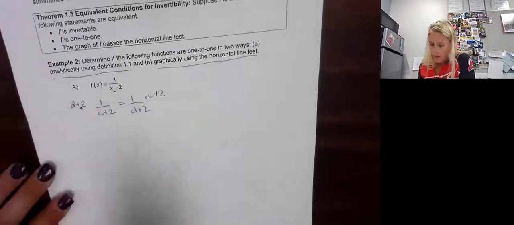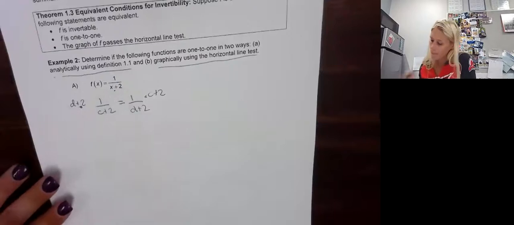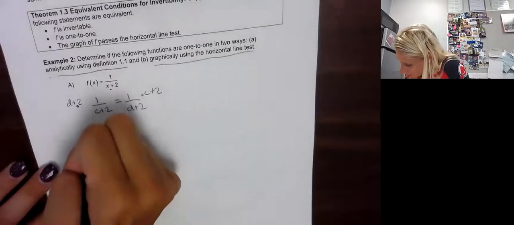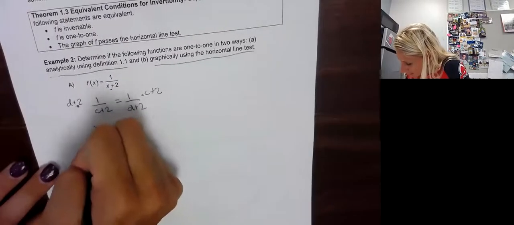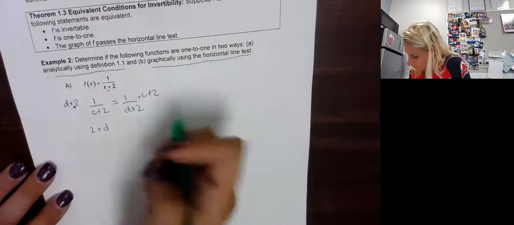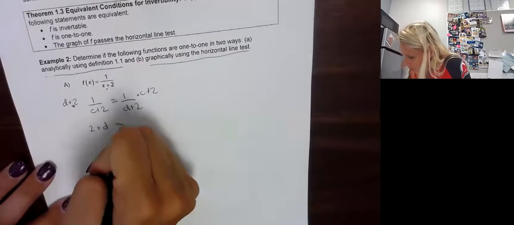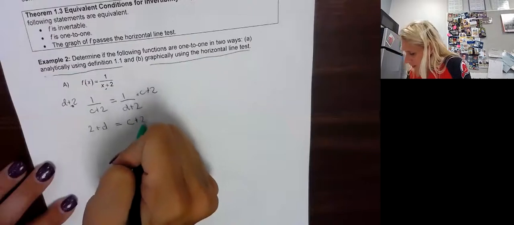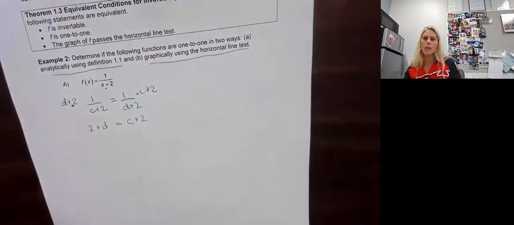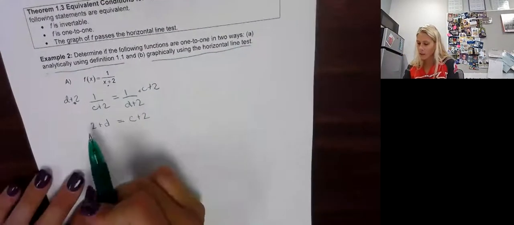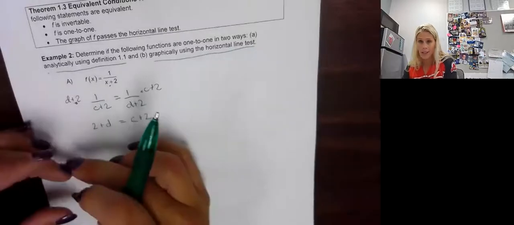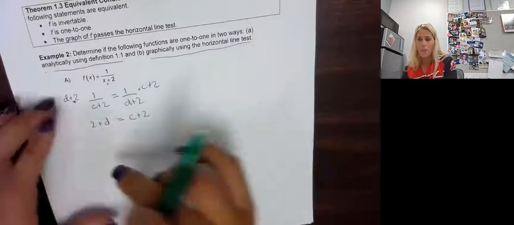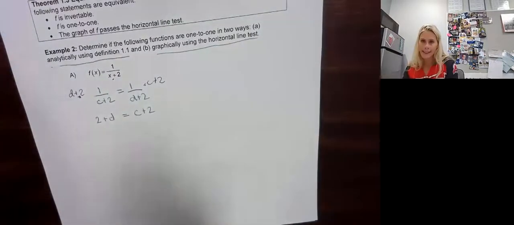Okay, so that means that I have 2 plus d equals c plus 2. Now the denominators will technically cancel because I can put down here that they both equal each other, but then if you multiply both sides, they cancel.